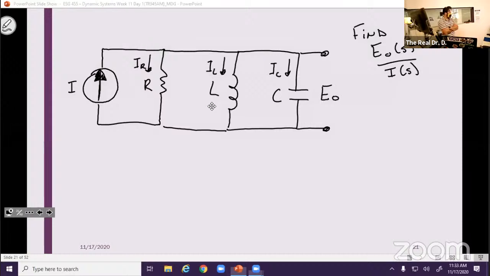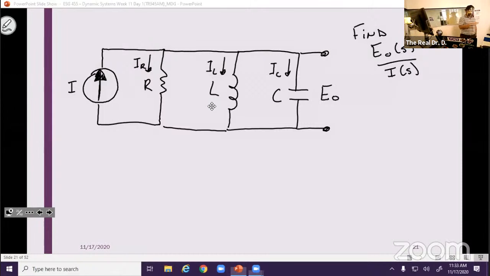In this case, we are asked to find the voltage divided by the current, which is just equal to the total impedance. So if we can get ZEQ, we just have the answer here, because ZEQ is equal to E out over I sub S. So we don't need a way of mapping.